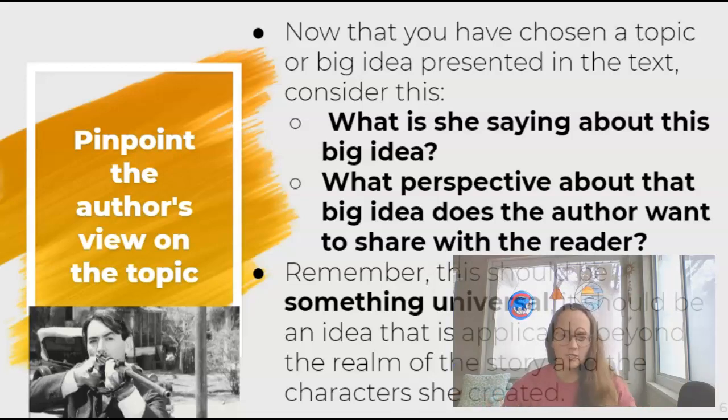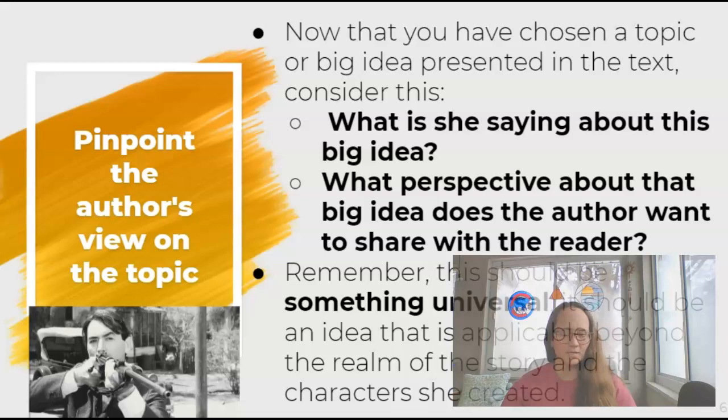The next question is, what perspective about the big idea does the author want us to take away? So it's very similar to the first question. So what does the author believe to be true about this topic, and what does she want readers to understand about this topic? Now, one key thing here is that, again, I mentioned this earlier, this should be something universal. It's not something that only applies to the story.